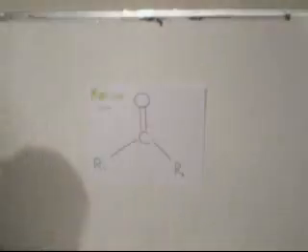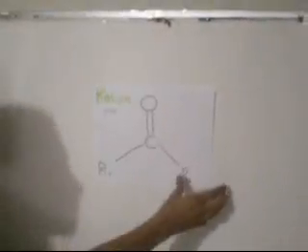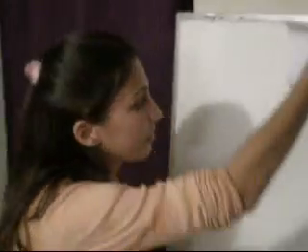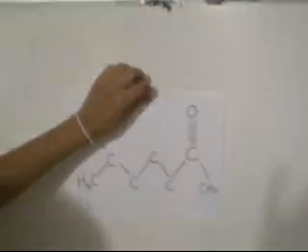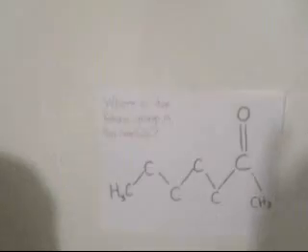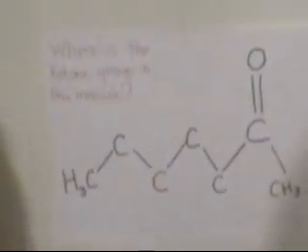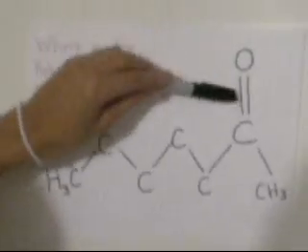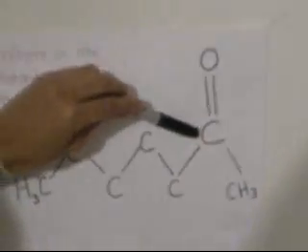So, this is the ketone group, and now I'm going to put up an example of a ketone group within another molecule. And now we're going to try to locate the ketone group. So, remember that a ketone group is an oxygen double bonded to a carbon.